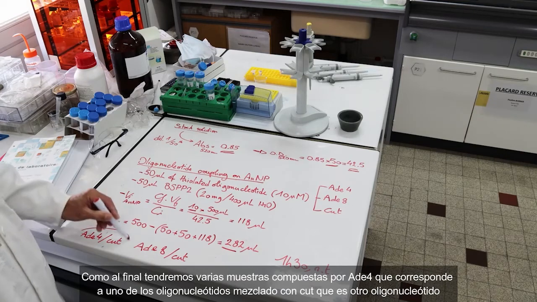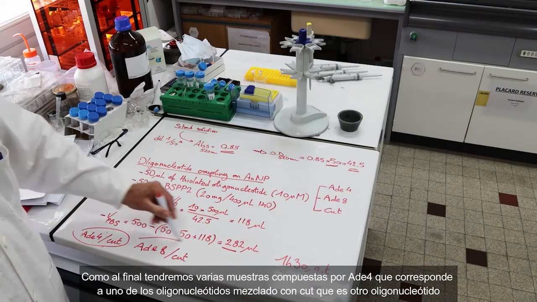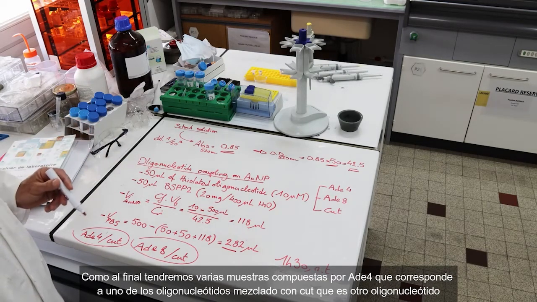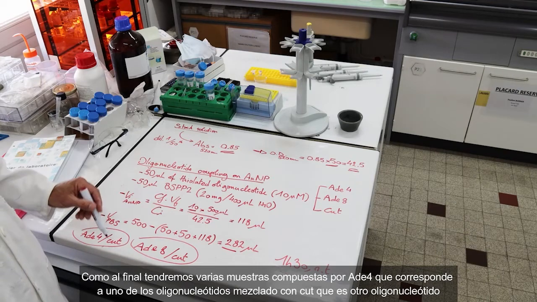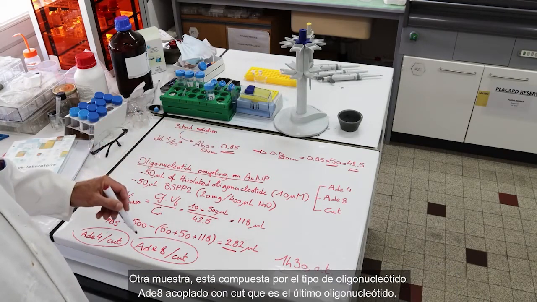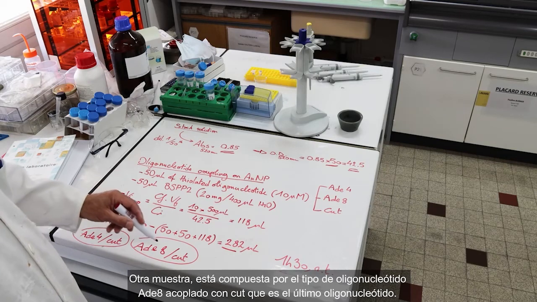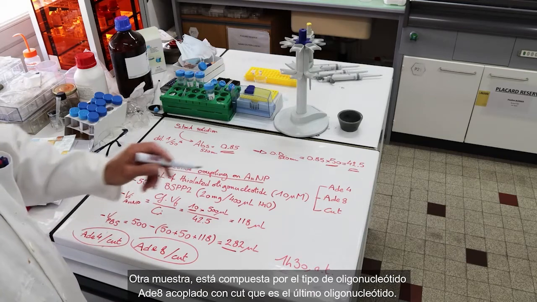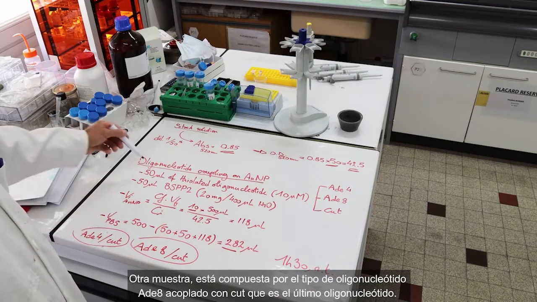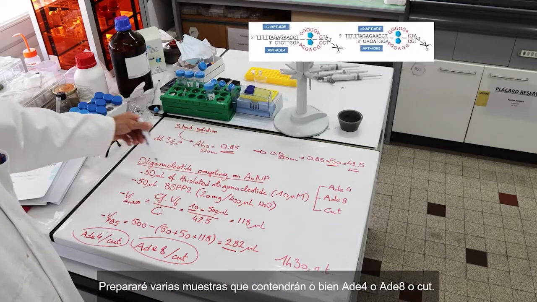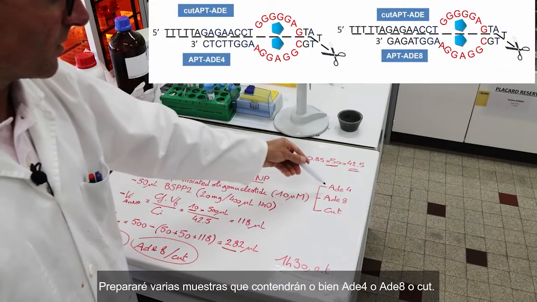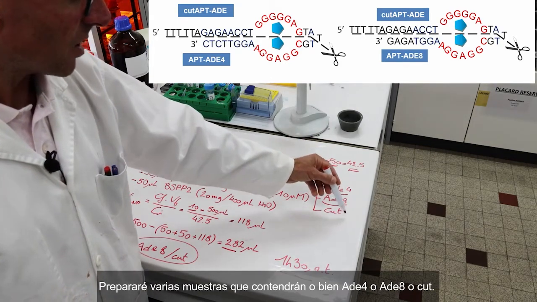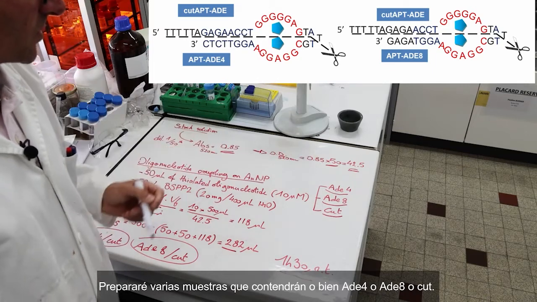And because at the end I will have several samples made of adenine 4, which is one of the oligonucleotides, mixed with cuts, which is another oligonucleotide, with another sample made of adenine 8 oligonucleotide coupled to cuts, you understand that I will have to prepare several samples here containing either the adenine 4, the adenine 8, or the cut oligonucleotide.